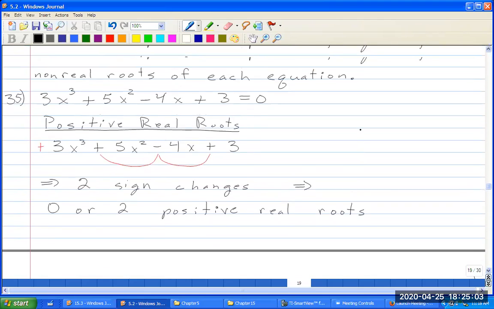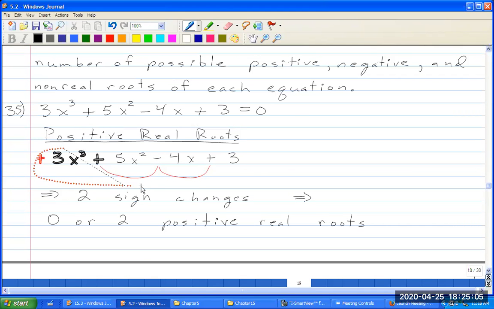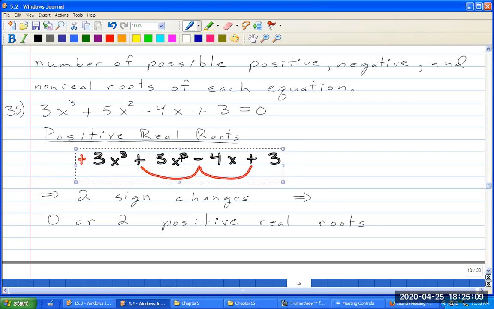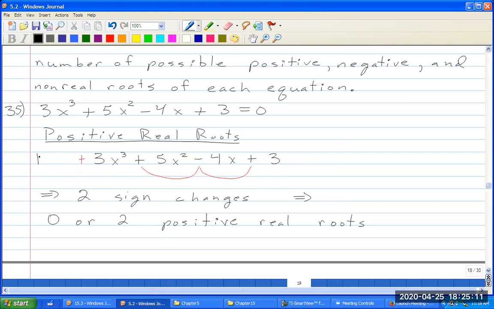Maybe I should have called this P of x, just to give some notation. So let's call this P of positive x.